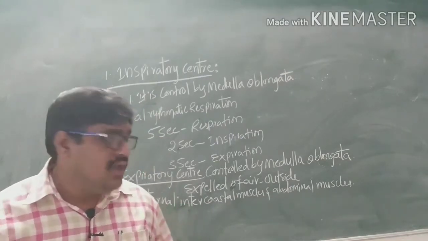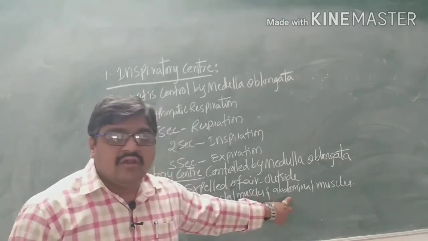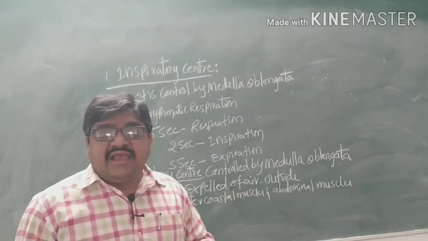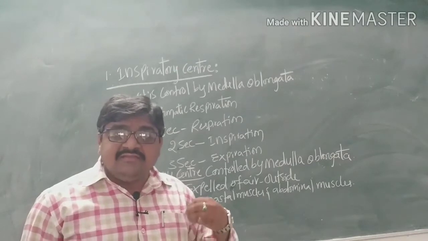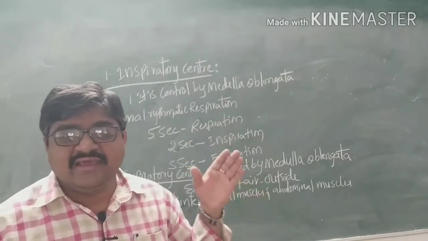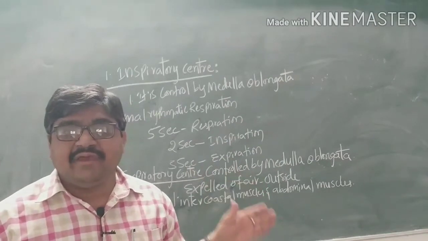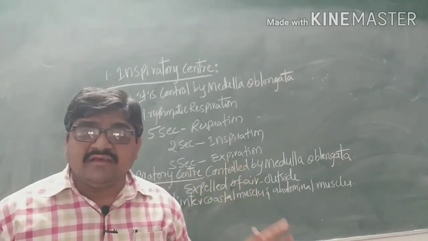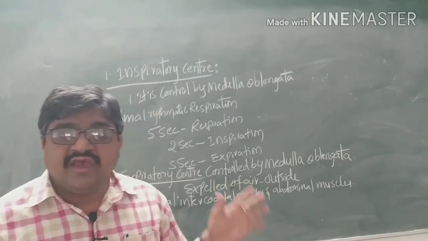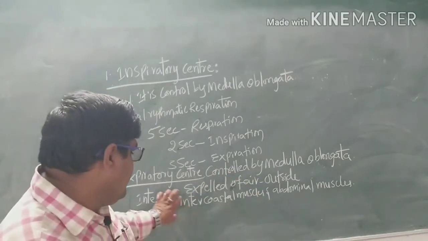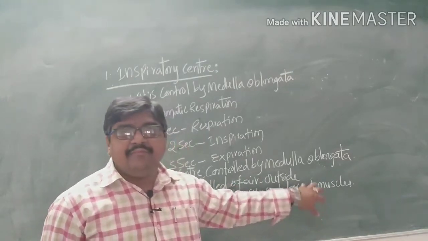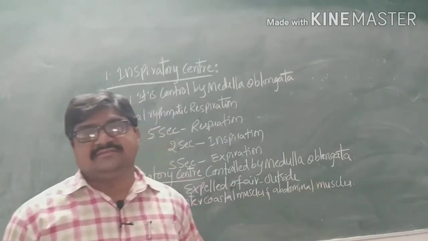Along with this, the abdominal muscles are contracted, which helps expel air from the body. The carbon dioxide present in the body will be expelled outside due to the contraction of both the internal intercostal muscles and the abdominal muscles.